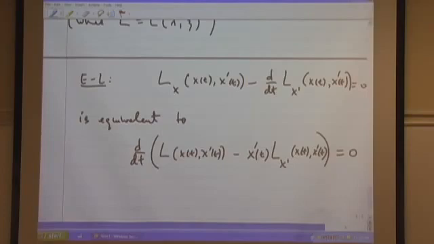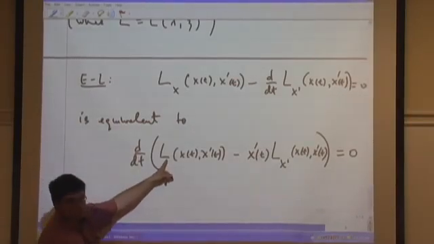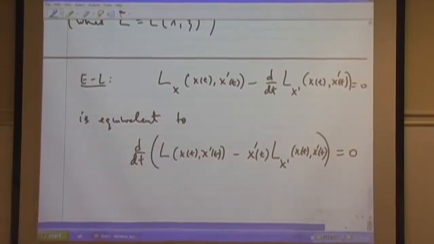Okay, so why is this equivalent? It's simply taking the derivative with respect to t inside. If you take the derivative of L, what do you get? I'm going to suppress the arguments for L. You get L_x times x prime, plus L_x prime times x double prime.